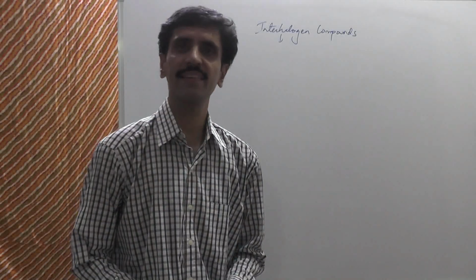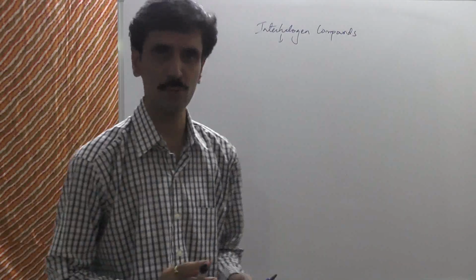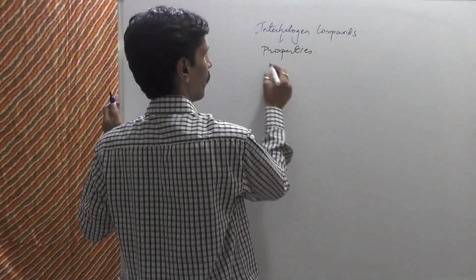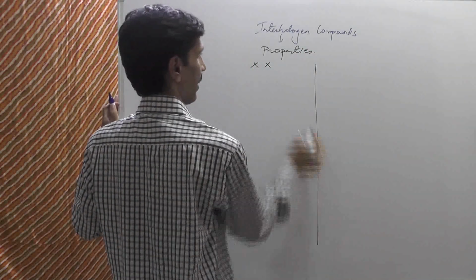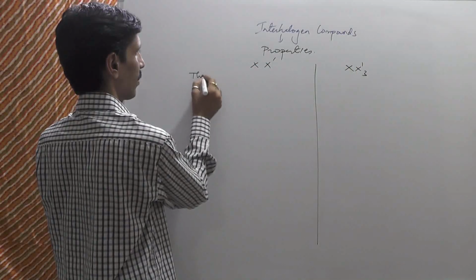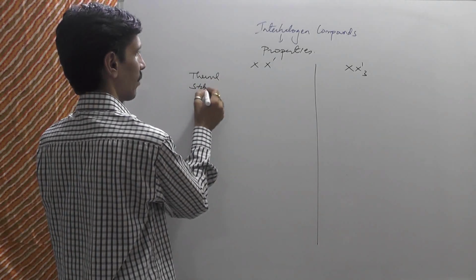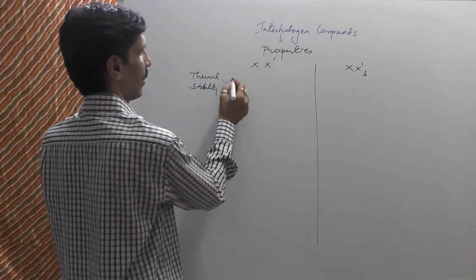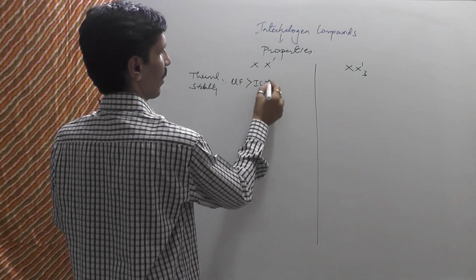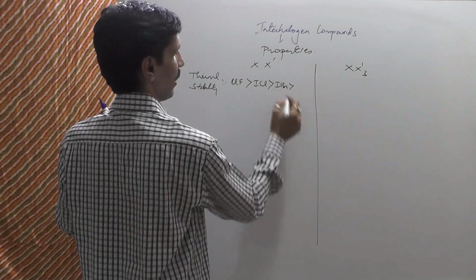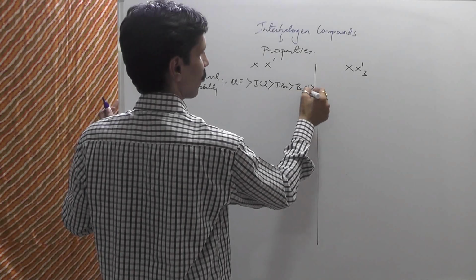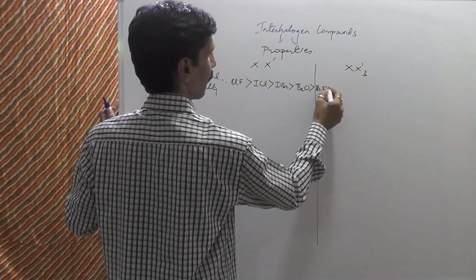Now my dear friends, we will be discussing something about the properties of the interhalogens of the two types. So properties of the interhalogens, first is XX' and the other one is XX'3. First we talk about thermal stability, and the order of this is going to be ClF, ICl, IBr, BrCl, and then BrF.